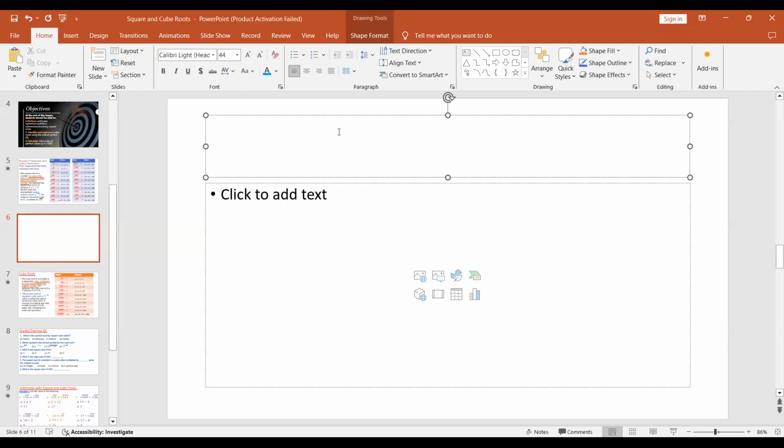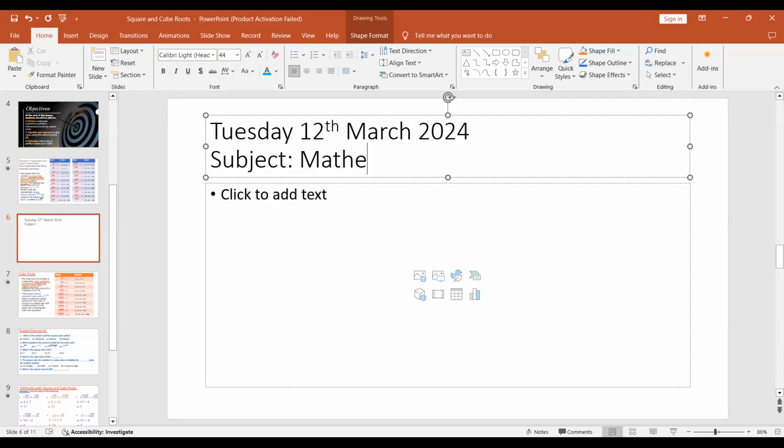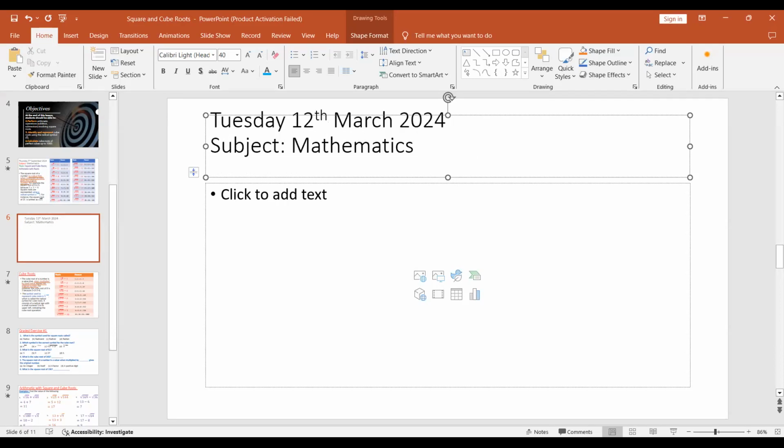Today is Tuesday, the 12th of March, 2024. The subject is, of course, mathematics, and the topic is square and cube roots.